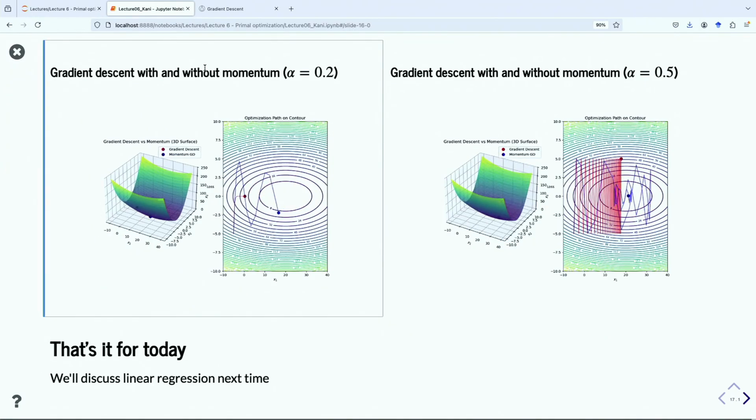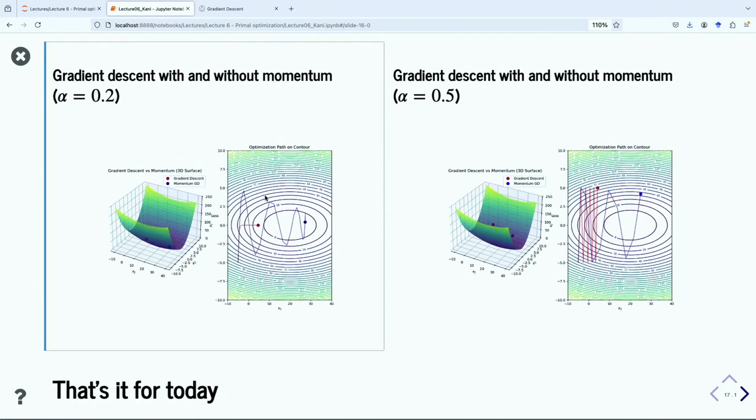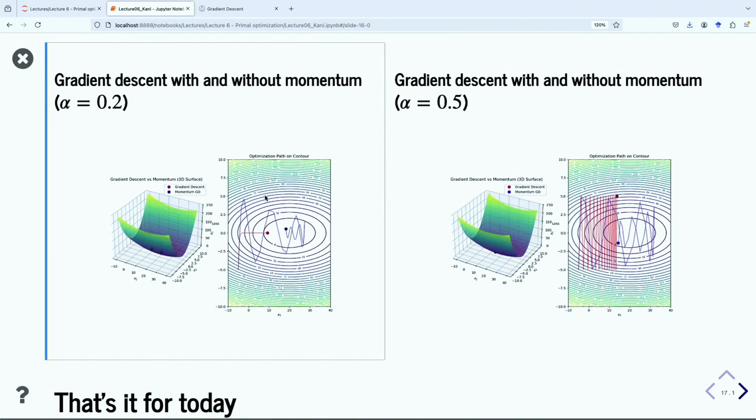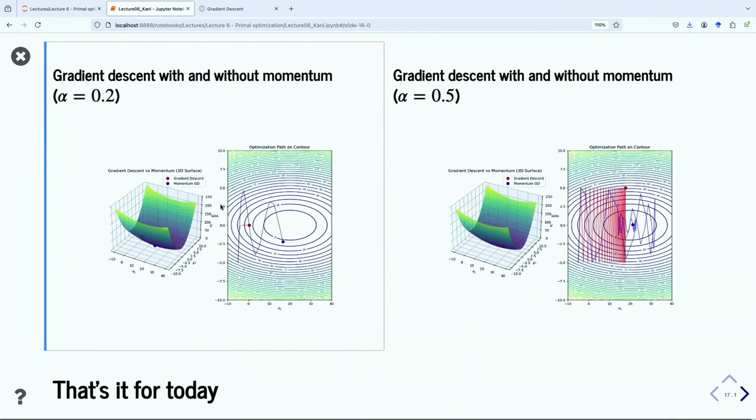Okay, so this is gradient descent with and without momentum. So we have the gradient descent without momentum. That's the red line. We see it behave as we saw before, that it goes down to the smaller axis, and then it slowly goes to the minima.